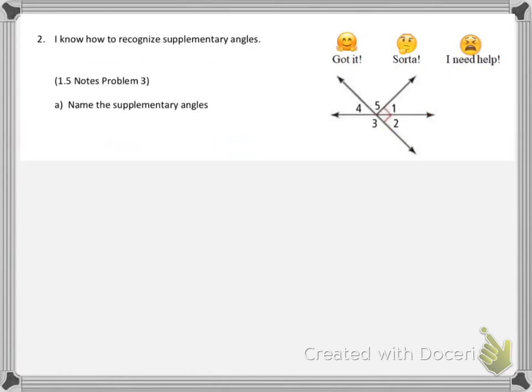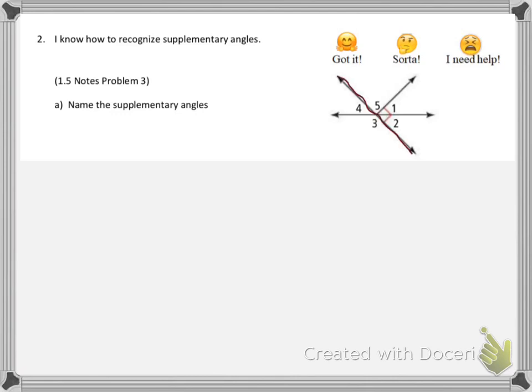Name supplementary angles. So the definition of supplementary is where you have angles that you add together to equal 180 degrees. So the supplementary angles that you can look at is as long as you see a linear pair.